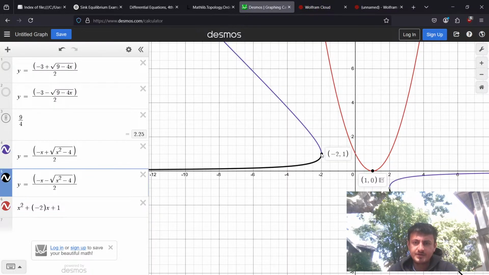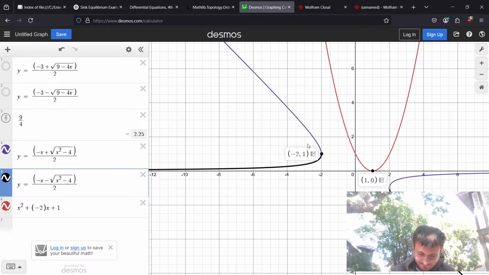All these are supposed to describe the fixed points, but I just computed dy dt of a equals -1 because we're going to have 1 squared. All right, let's try the other one.